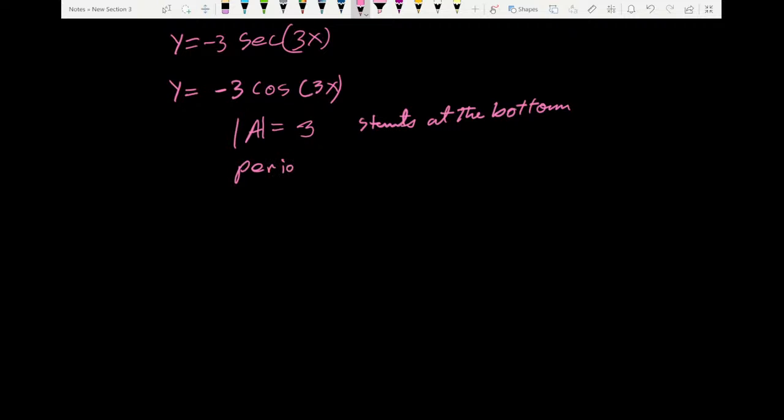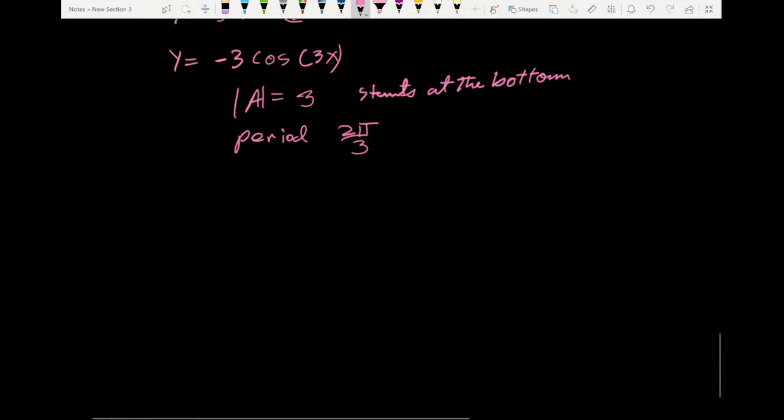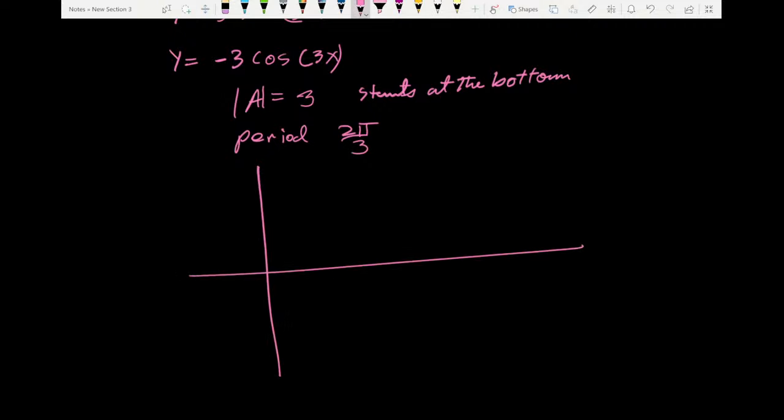Period is going to be 2 pi over 3. So if I'm graphing this, it's going to go 0 to 2 pi over 3. Where are my special points? Right over here is going to be pi over 3. Quarter is going to be pi over 6. This one is going to be pi over 2. 1, 2, 3, 1, 2, 3.